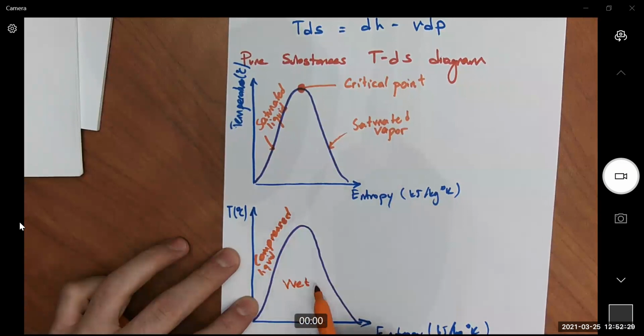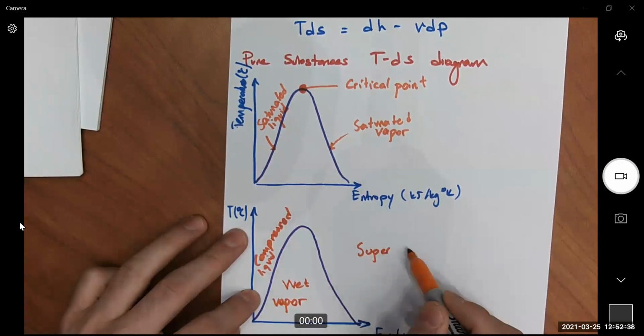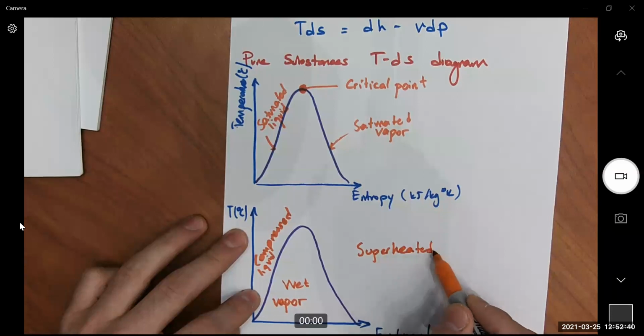Under the curve is the wet vapor region. And the right side is superheated vapor.